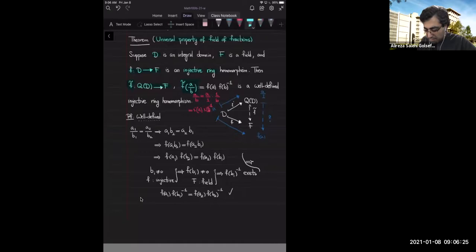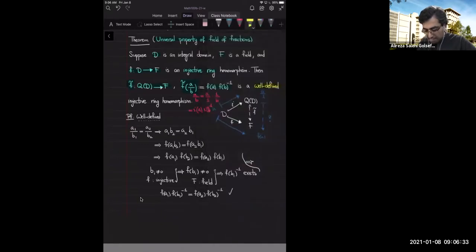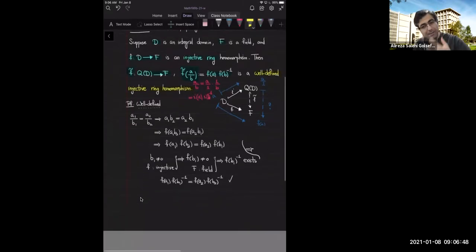And then the claim is that this function is well defined, and it is injective, and it's a ring homomorphism. So that means we find a copy of the field of fractions inside this field capital F. And when I say compatible with the function f, it means this diagram over here. So let's try to understand this diagram a bit better.